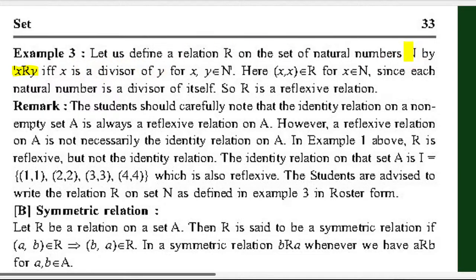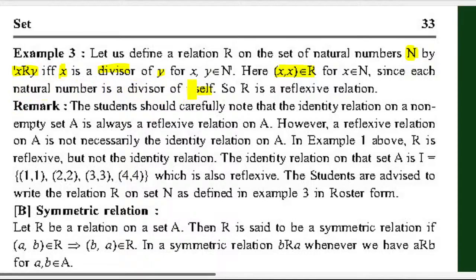This is a set of natural numbers. So x is a divisor of y, for x, y belongs to N. Here (x, x) belongs to R for x belongs to N, since a natural number is a divisor of itself.